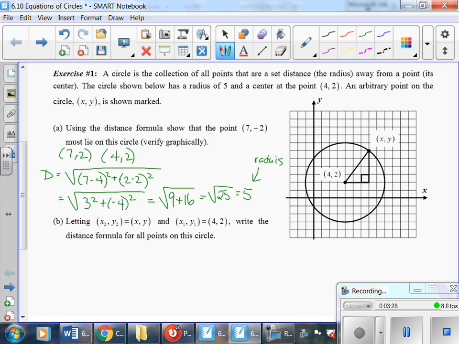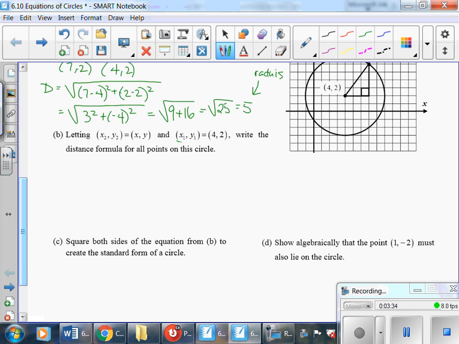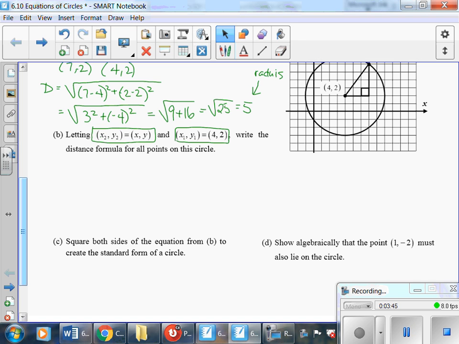So we know that it must contain that point 7, -2. All right? Now in B, they said letting the first point be the center, which is 4, 2, and they're just saying let's pick that arbitrary point to be our second point. Write the distance formula for all points on the circle.